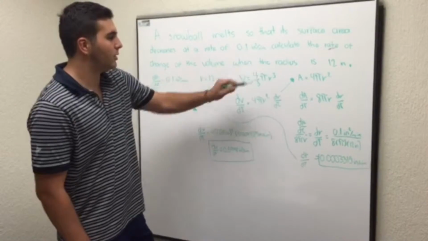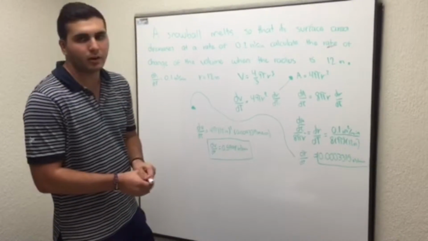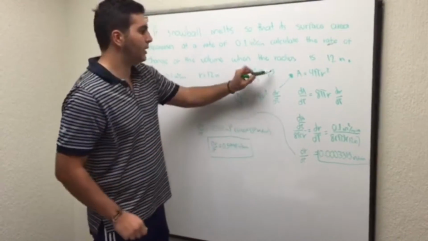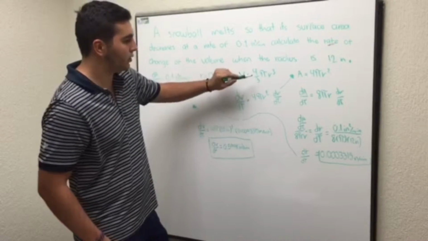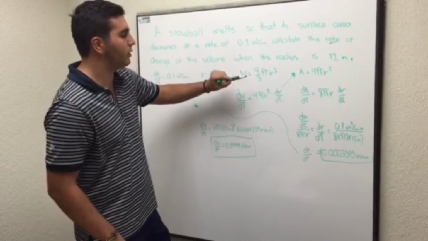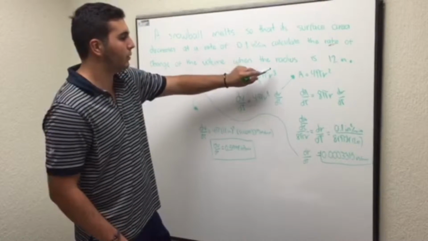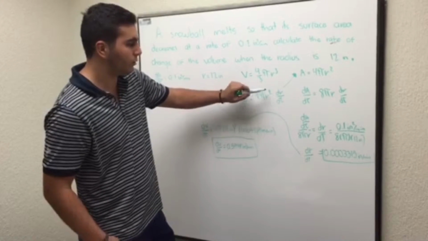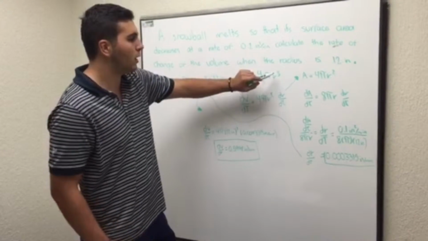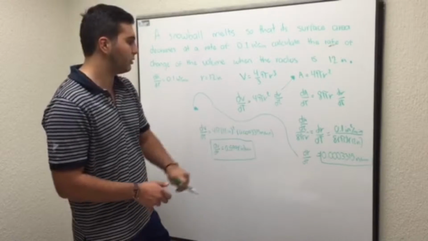So when we derive, we multiply the exponent, the number that is on the radius, times 4/3, so it's 3 times 4/3. The 3 cancels with this 3, so we only have 4 pi radius squared, because we subtract 1 from the 3, so it's radius squared.